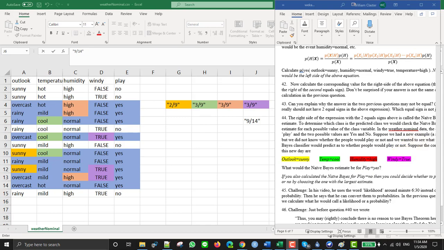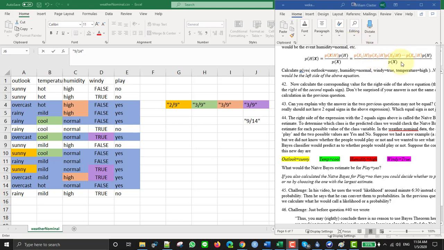So what we need to do is find a row that has yellow, green, orange, and purple, and clearly there are none. So what that means is that the probability of this is 0. Obviously that's not such a great answer for this formula.